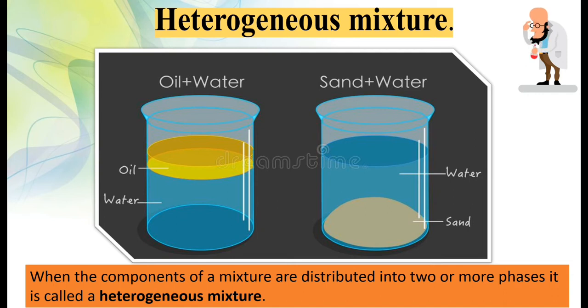You can see the two components separately, that is water and sand. Here also you can see oil and water. So there are components distributed in two or more phases. जितनी भी चीजें डिसॉल्व है अगर वो डिफरेंट हम लोग को दिखाई दे रही है तो उतने phases हम लोग को दिखाई दे रहे हैं. And such a type of mixture is called a heterogeneous mixture.